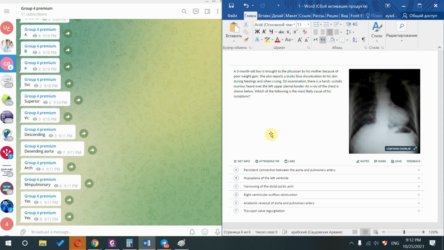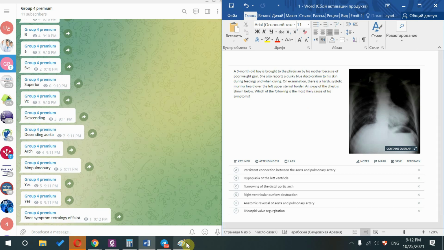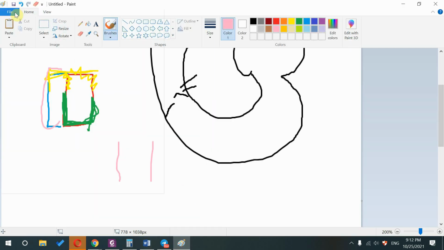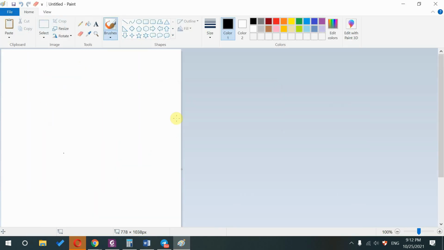Sounds weird to know, so let's do the 3 steps way of knowing any murmur. Step number 1, we draw a straight line. We put S1 on it, and S2. Between S1 and S2 is systole. Between S2 and S1 is diastole. We have to memorize only mitral stenosis.